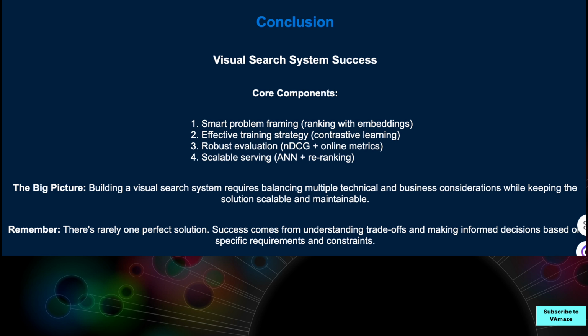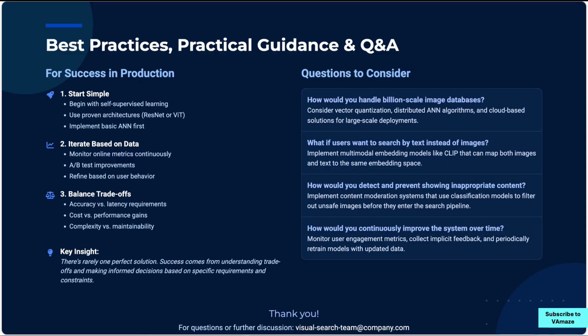Start with a clear problem formulation, choose appropriate techniques, evaluate rigorously, and design for scale from day one. I hope this deep dive has given you both the conceptual understanding and practical insights to tackle visual search problems, whether in an interview setting or in production. The techniques we've discussed, representation learning, contrastive training, approximate nearest neighbor search, and ranking evaluation, are fundamental tools in the modern ML engineer's toolkit that extend far beyond just visual search.